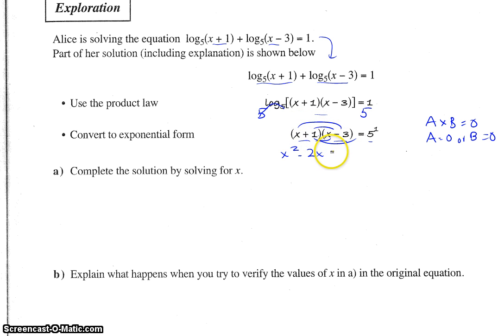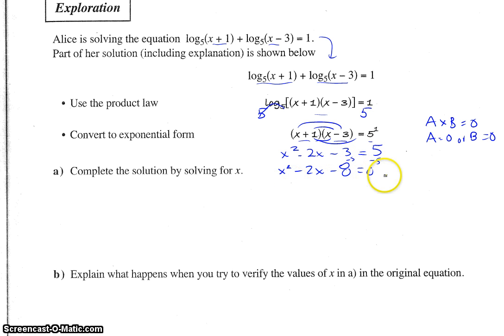We would end up with x squared minus 2x minus 3, and on the right hand side we have 5. That's looking good. Let's subtract the 5 over, so x squared minus 2x minus 8, because we want minus 5, minus 5.